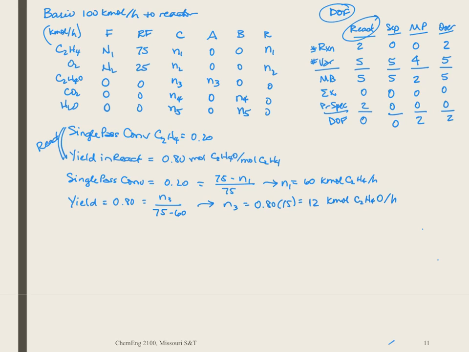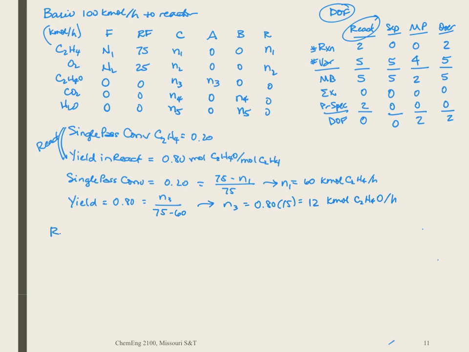Now let's move on to doing balances on the reactor. Now I can choose to do this as a molecule balance or an atom balance. I am rather arbitrarily going to choose to do an atom balance. I did my degree of freedom table based on a molecule balance. That doesn't limit me. I can do either one. I can even mix and match if I really wanted to. So let's write these balances.